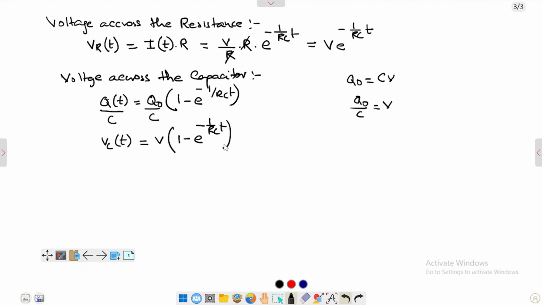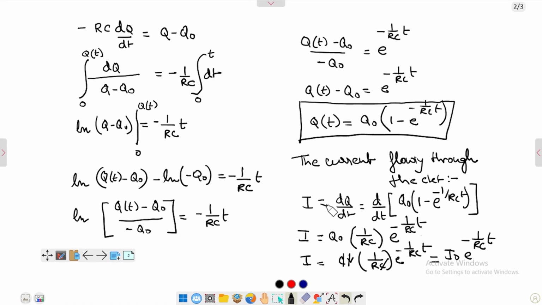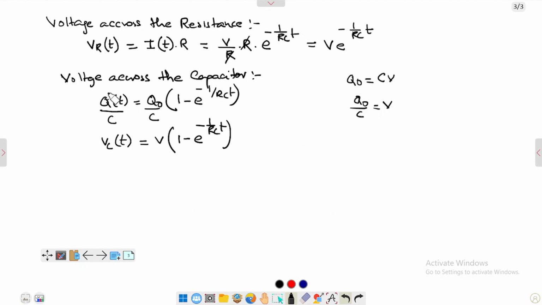So what we see here is that we got the charge, the current, the voltage, everything. We have the formulas for VC, the current, the charge, and VR. So we have got 4 equations.